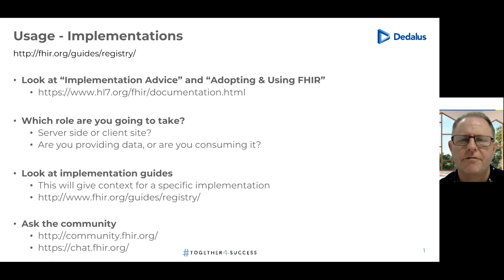So if I'm looking at where to start, some of the things that I'll certainly look at are the adopting and using FHIR section and implementation advice sections of the documentation link that's listed there. It's a great place to just get some good background in approaches that you might want to take.